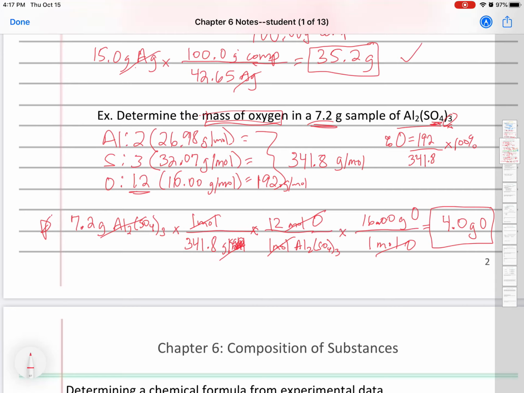Divided by 341.8. That is equal to 56.17%.